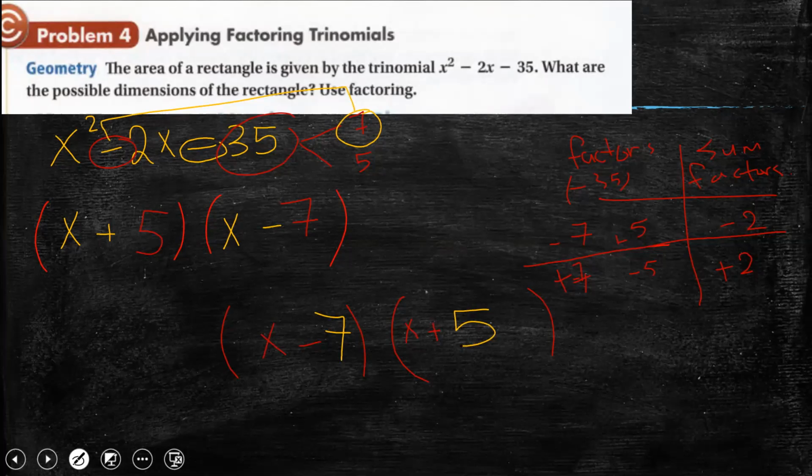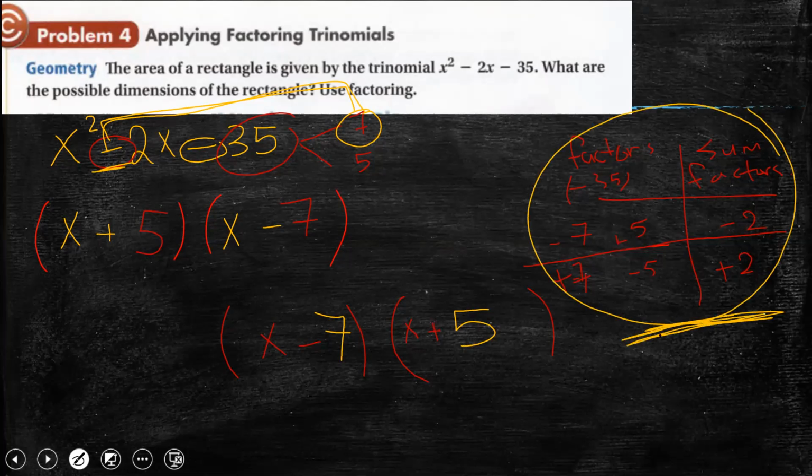Then I ask myself, which is greater? 7. So since 7 is greater, it will take the sign of this number, which is negative. This is the shortest way. If you want to use the factors, I will explain using the table. Sometimes I cannot remember all the factors, so I will use the table.